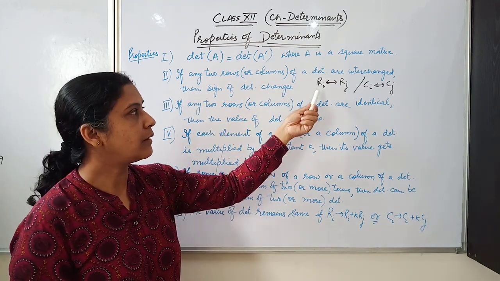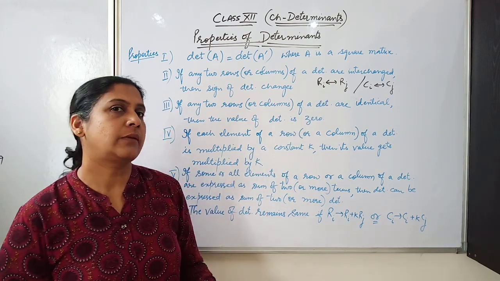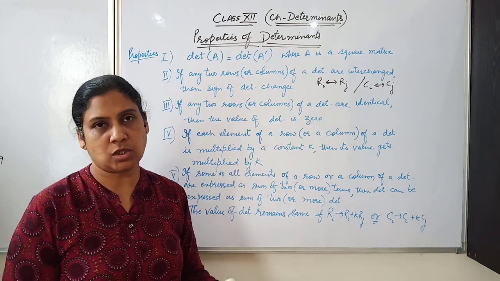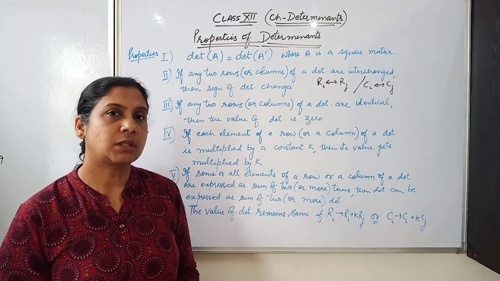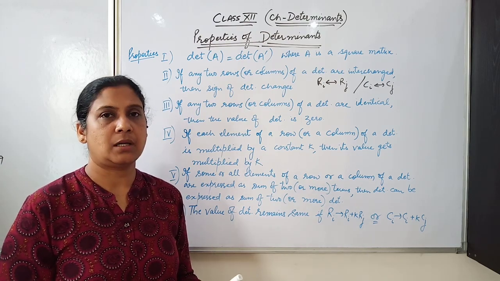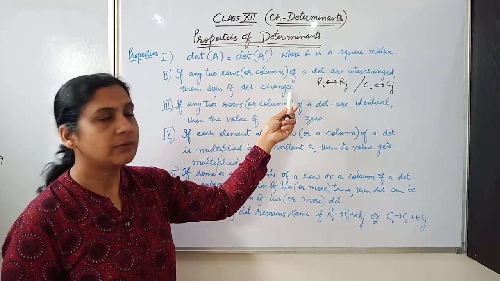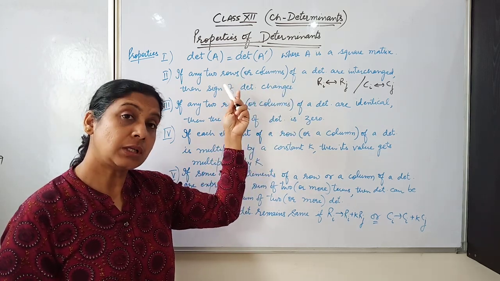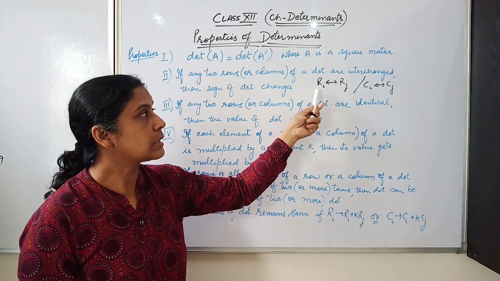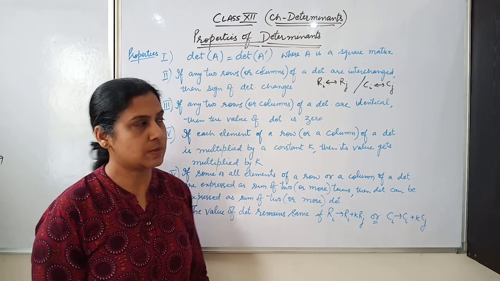For example, you interchange R1 with R3, or R1 with R2, any two rows, or similarly any two columns, and then you solve for the determinant. It will come out to be the negative of the original determinant. So if the original determinant had a positive sign, the resulting will be negative, and if the original was negative, the resulting will be positive. So it is in this case when you interchange any two rows or any two columns.